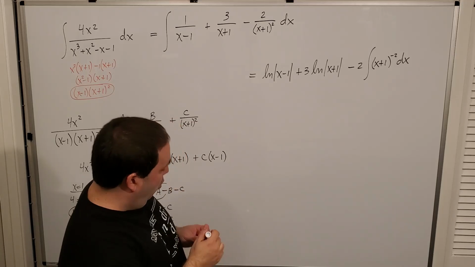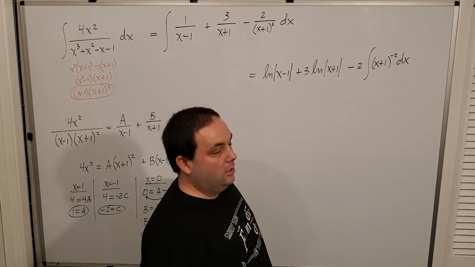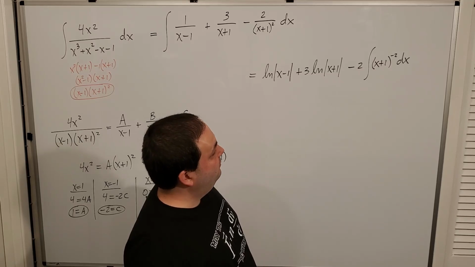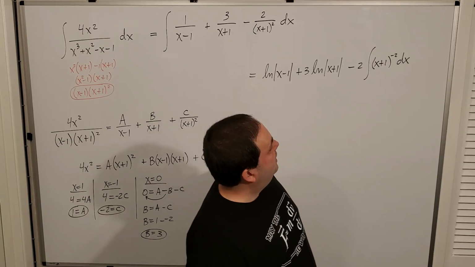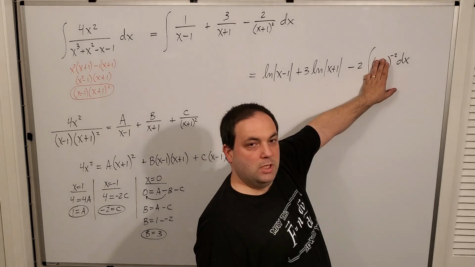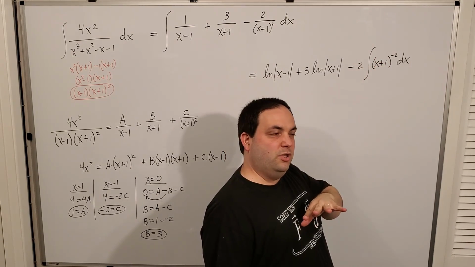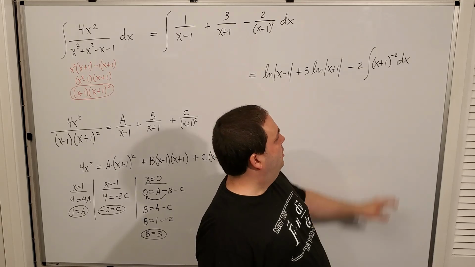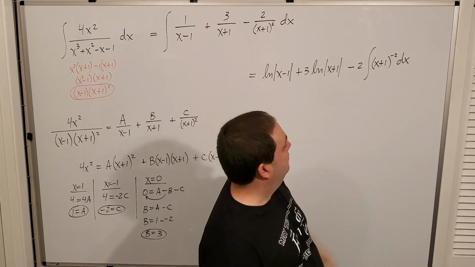This one was a squared in a denominator. Okay, so it's not going to be a logarithm antiderivative. It's just going to be a power rule. If you want to do a u substitution, that's fine. U equals x plus 1, but the derivative of x is 1, so substitution isn't totally necessary. You can treat this like a single variable with no change, right?